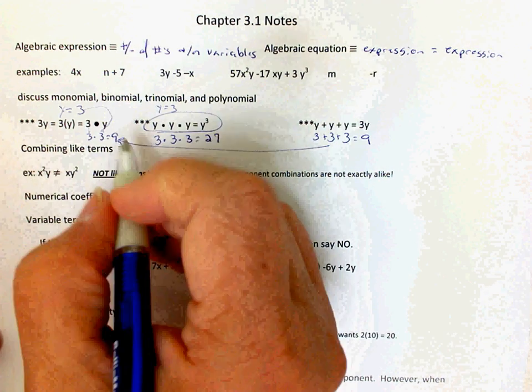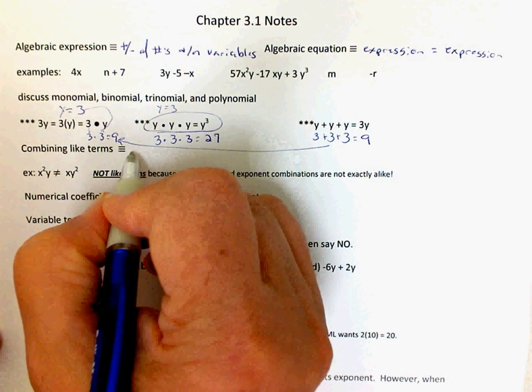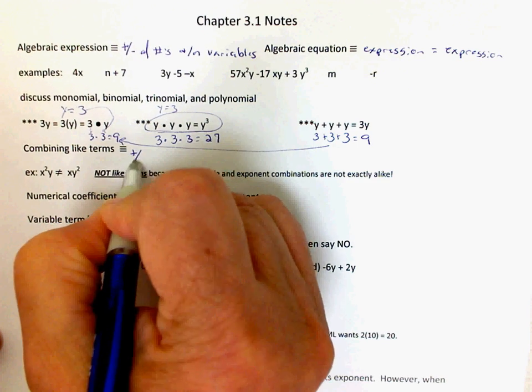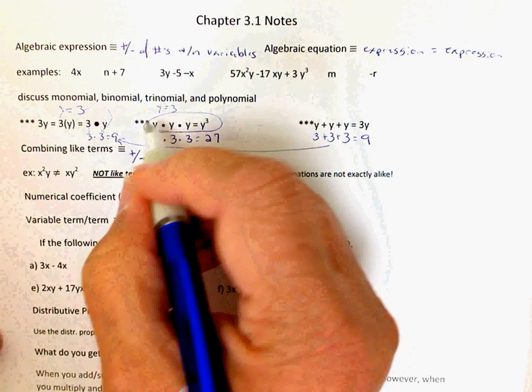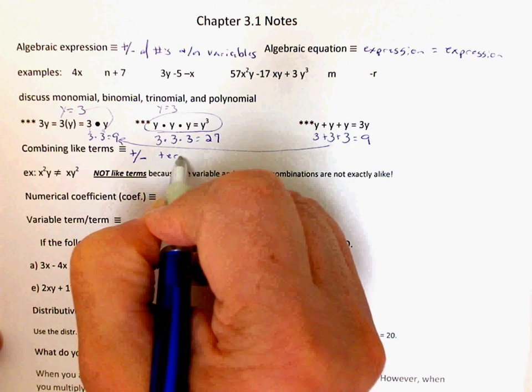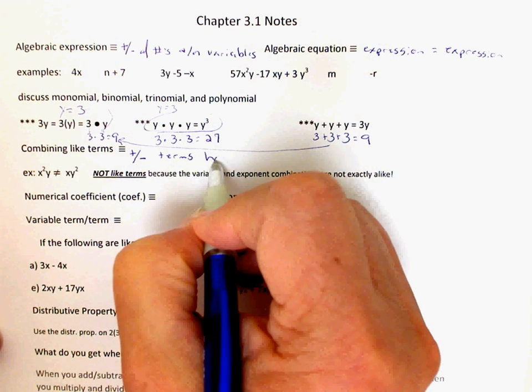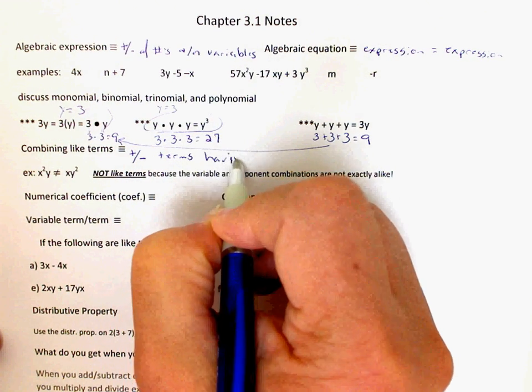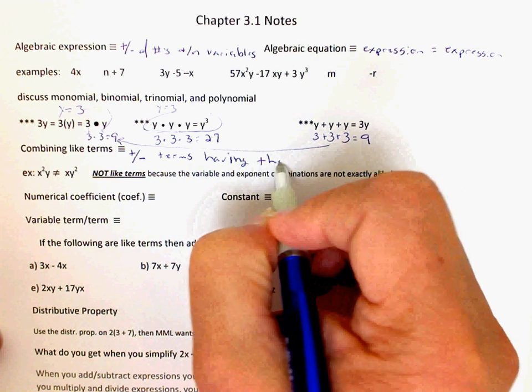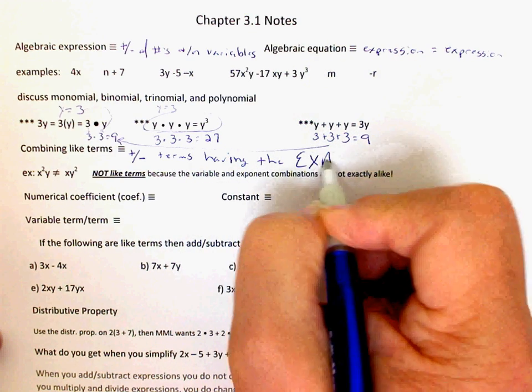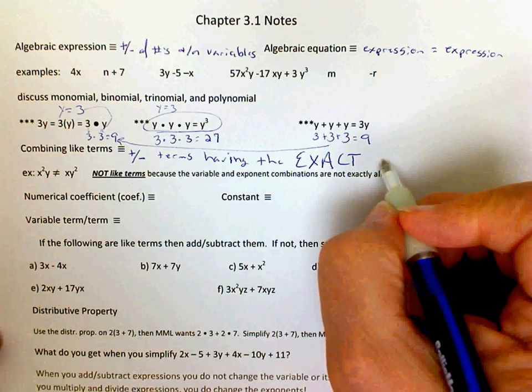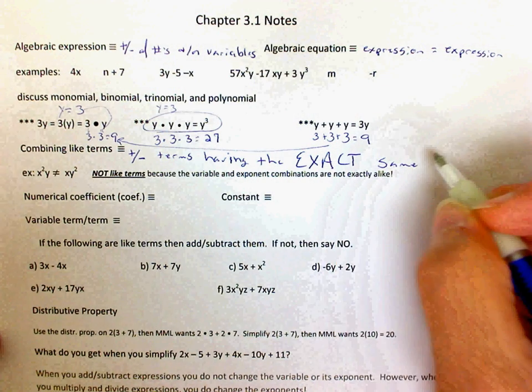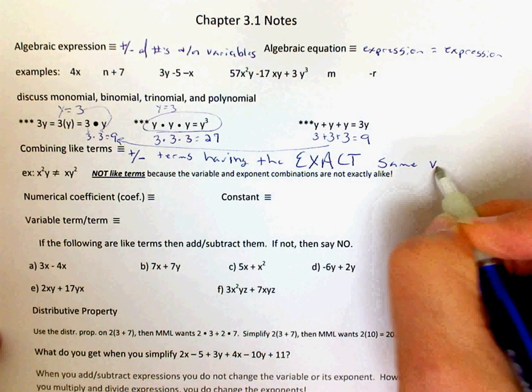Now, combining like terms is the addition or subtraction of terms having the exact same variable part.